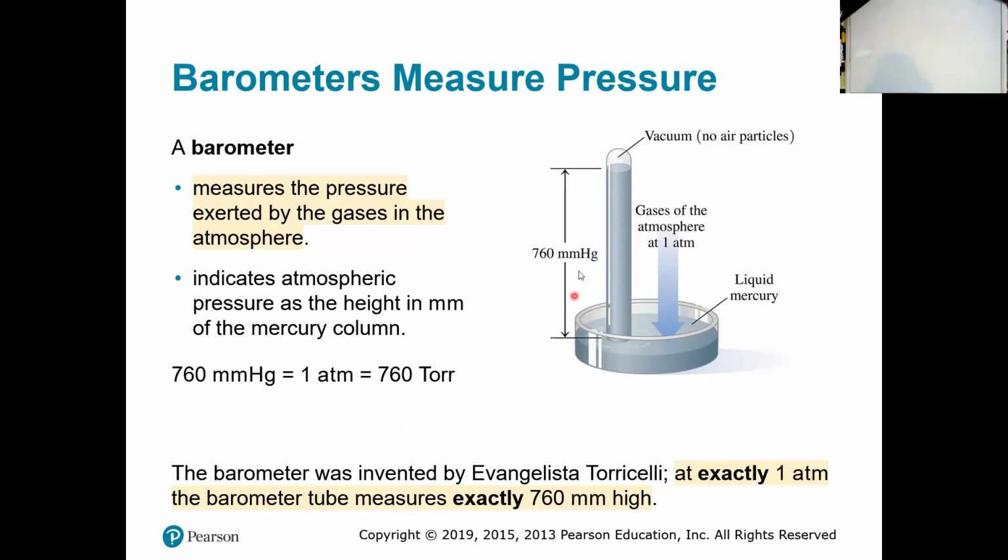When you say the pressure is 760 millimeters of mercury, you're referring to the height that the mercury rose. If you say 760 torr, you're saying the same thing. You're just calling the millimeters of mercury by the name of the person who first used the barometer to measure pressure. These two units are used interchangeably, so you can switch back and forth between millimeters of mercury and torr without doing any math at all.